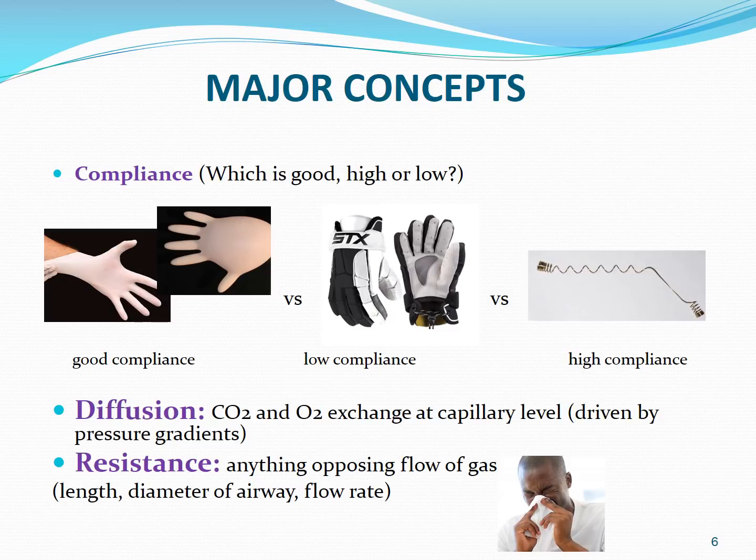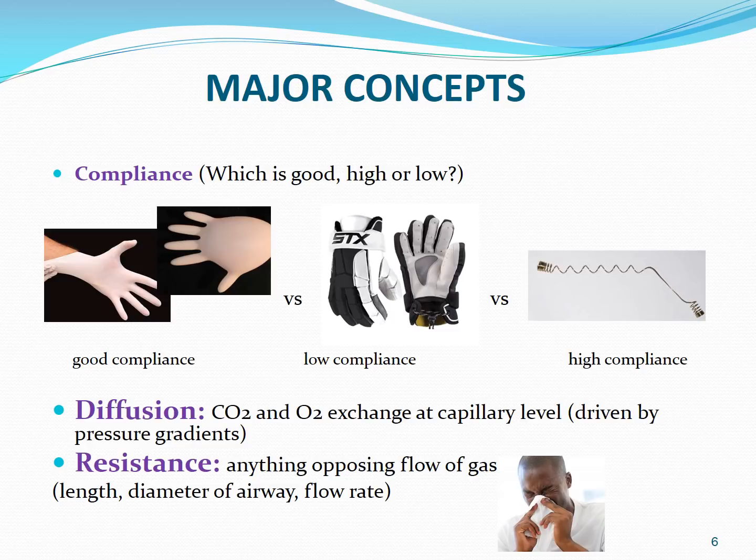Another concept we need to look at here is diffusion. This is something you learned about quite a while ago, but diffusion is basically CO2 and oxygen moving at the capillary membrane level. So when you have capillaries maybe next to an alveoli, gases are going to diffuse according to the pressure.